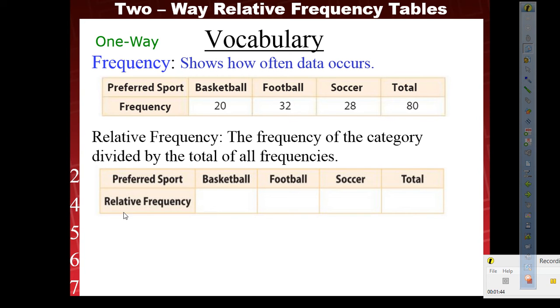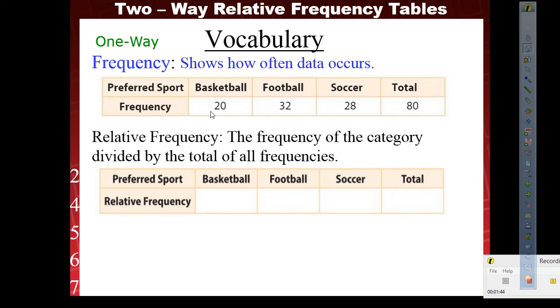All right. So what does that mean? What is a relative frequency? So relative frequency means the frequency of the category. How many categories do I have here? 3. So the frequency of a category divided by the total of all the frequencies. Let me look at the frequency of the category of basketball. The frequency was 20.